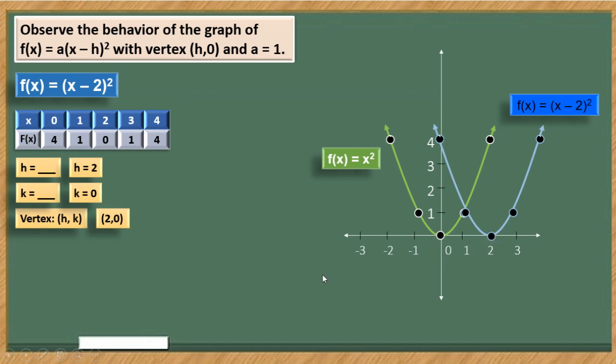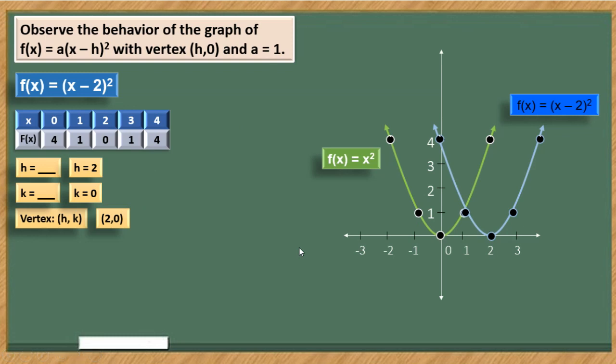What do you think is the reason, or which value from here is the reason why our graph is translated 2 units to the right?